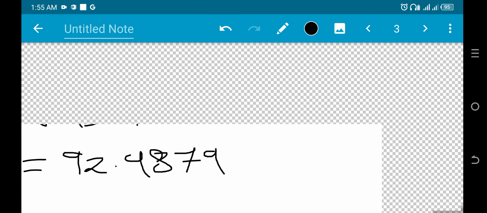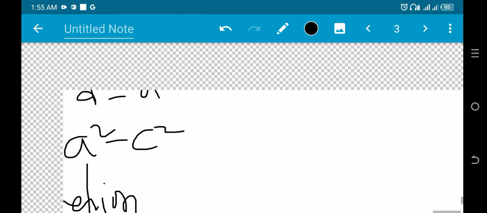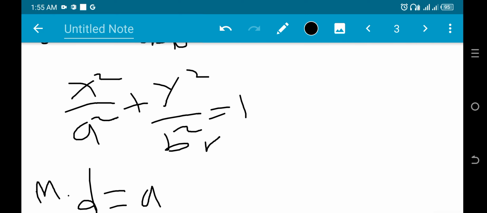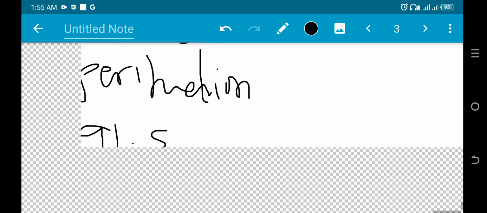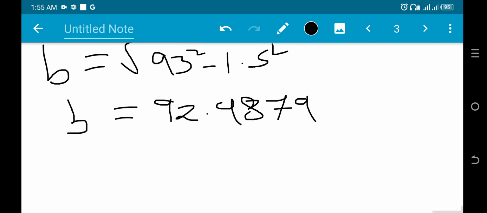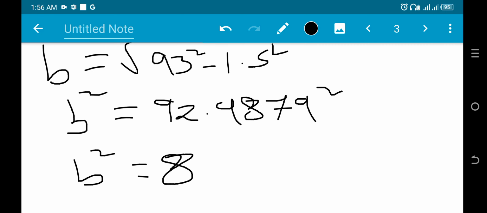So we'll come to our equation. In our equation, we need a squared, of which we have, and b squared. Since we now have b, how can we find b squared? We can just square it. So b squared is equal to 8,646.75.